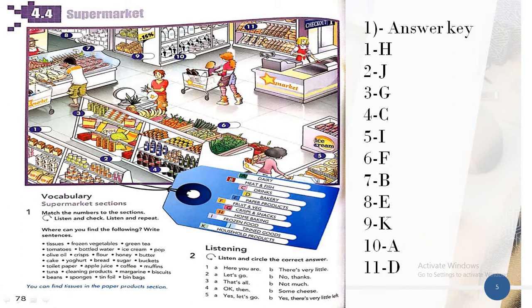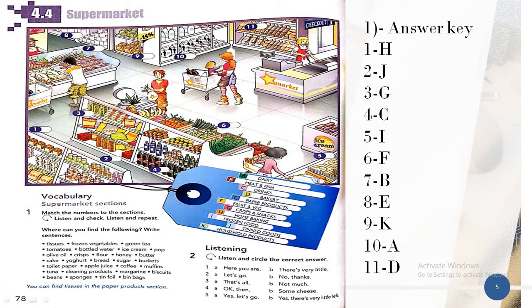Okay, 4. Look at 4, which is C, drinks. Now we have what? 5. Look at 5. 5 is I, frozen food. 6. It's F. Yes, fruits and vegetables.